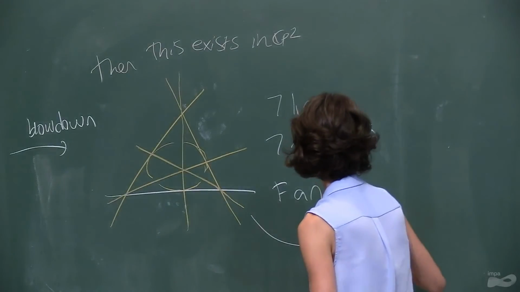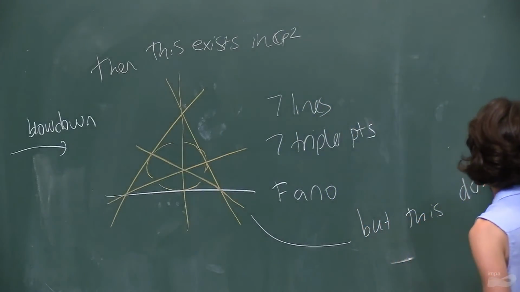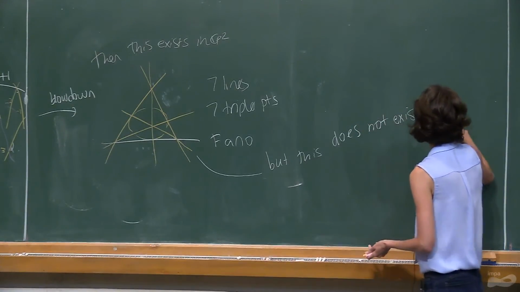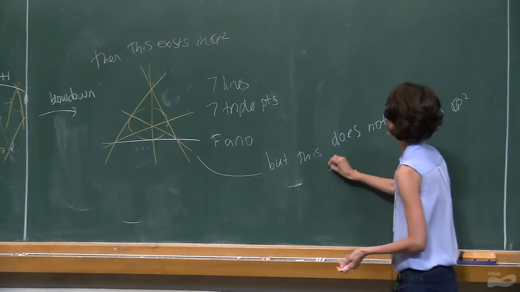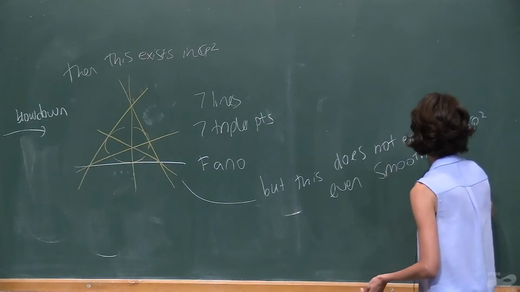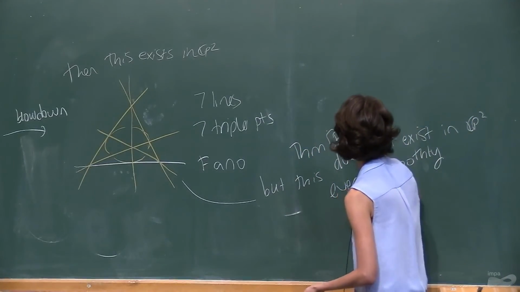So this does not exist in CP2, even topologically, even smoothly. So that's something I proved a little while ago with Danny Ruberman.